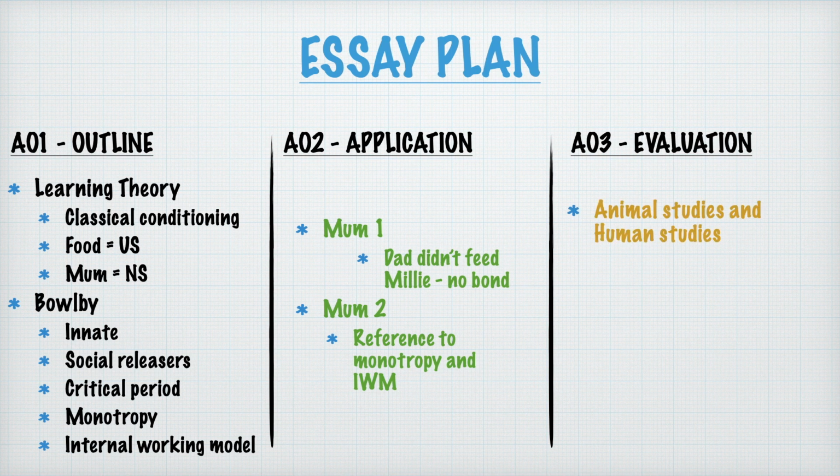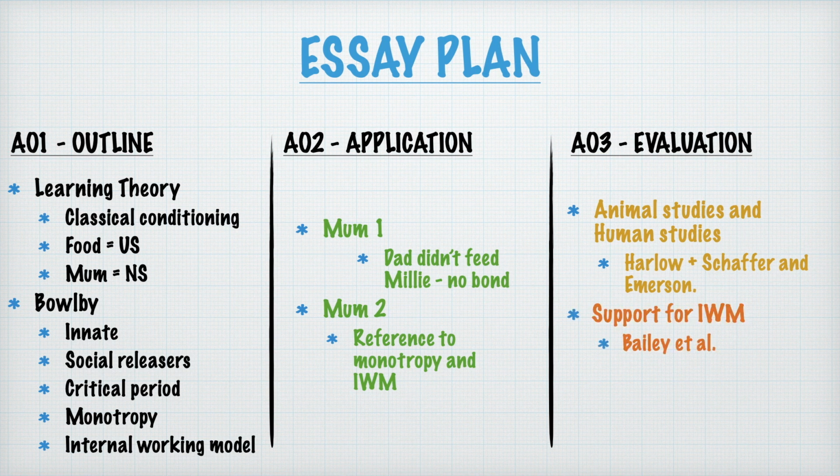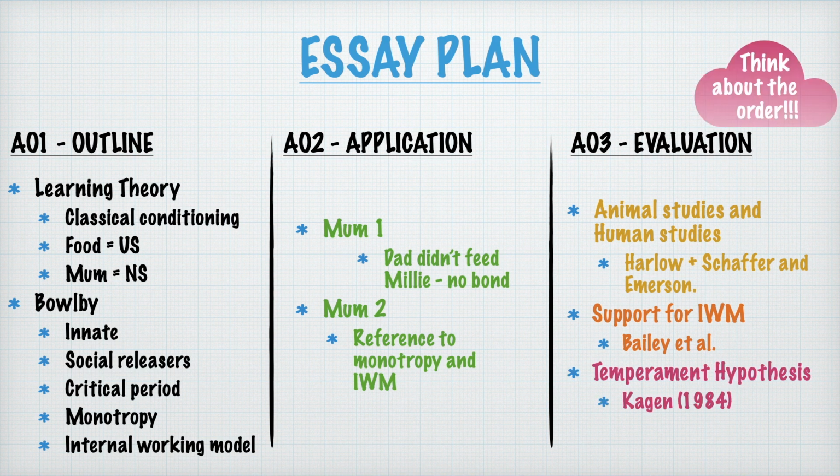I'm also going to be using the same evaluation points as I used in my other 2 essays, but I'm just going to put them in a slightly different combination or in a different order in the essay as well. Again, it will make sense once you see the essay. The way that I've done it allows for a nice flow through the entire piece of writing. Okay? So, let's have a quick look at what that looks like.